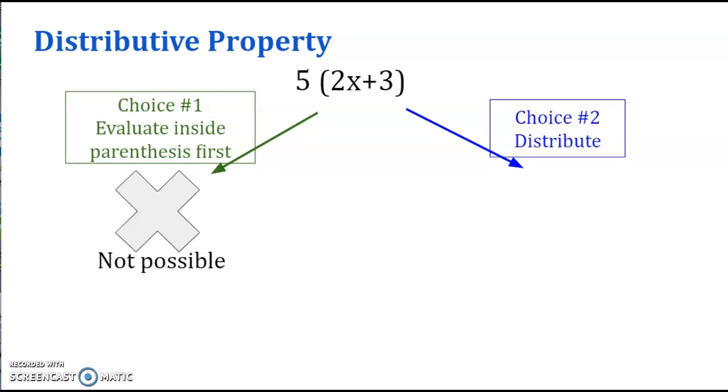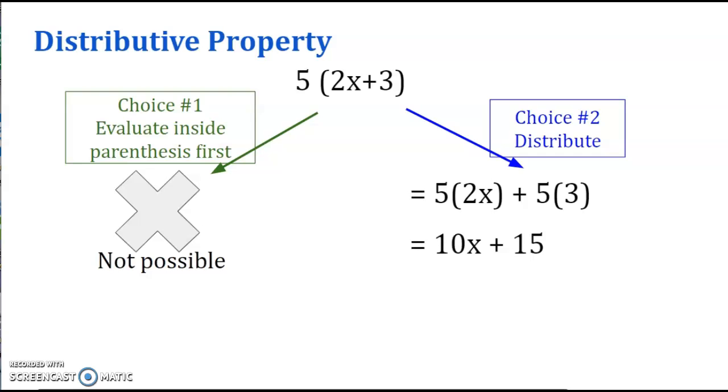Remember, when you see a number in front of parentheses without any operation, we mean multiplication. There is a default multiplication operation here. So 5 is being multiplied to 2x first, and to that you are adding 5 multiplied by 3. So that's distributing, and you get 10x plus 15.